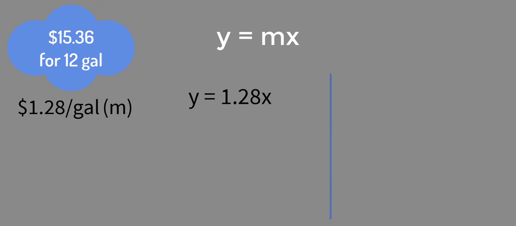And I'm going to attempt to sketch a graph as indicated here. So let me draw my y-axis and my x-axis. My scale might not be perfect, but hopefully it'll be close. So again, this is the x-axis, y-axis. We should always remember to label that. And we're looking at $1.28 per gallon.